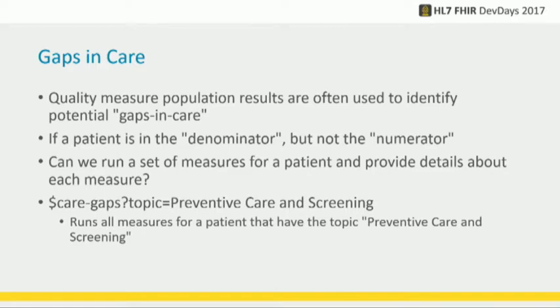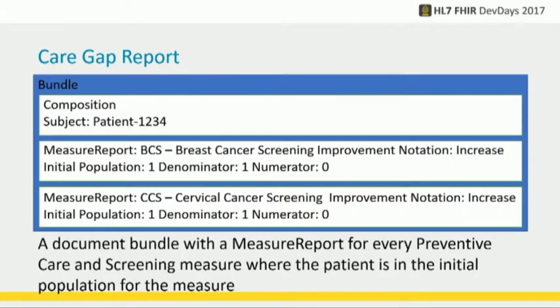And what that returns then is a care gap report, which is a document bundle where the composition just links to all the measure reports, and then each measure report provides the results for that patient. So you have breast cancer screening. They're in the initial population in the denominator. They're not in the numerator. So this patient then has care gaps. So those are reported through that.